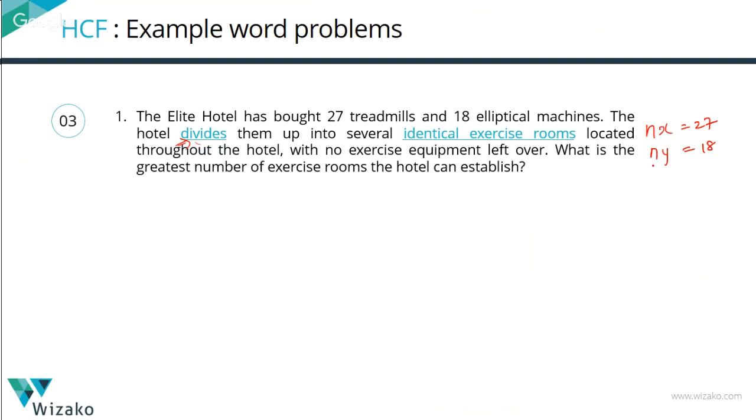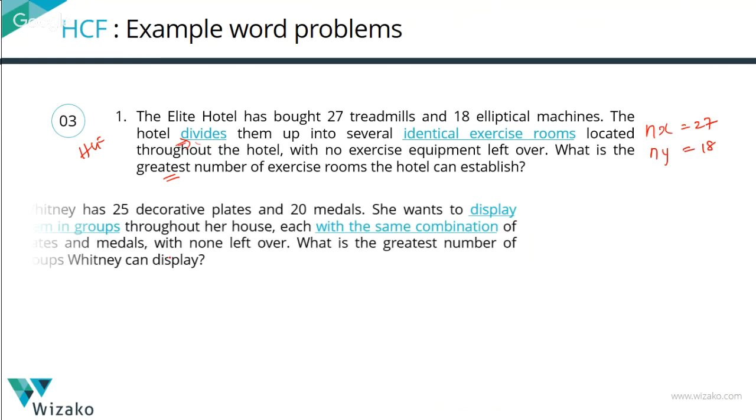Does this make sense? Where n is the number of exercise rooms. So n is a factor of 27, n is a factor of 18. So n is a common factor to both these numbers. We're trying to find out the greatest number of exercise rooms possible, so we're trying to find out how high n can be. So this question obviously is an HCF question. Right? Let's move on to another example.